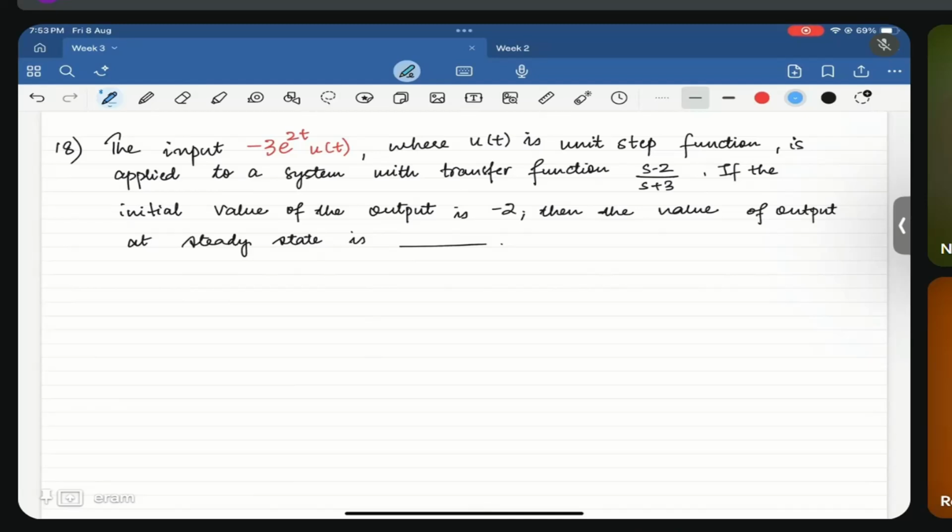So you are given an input, you are given the transfer function, and you are given that the value of the response at t equals 0 is minus 2. Then you have to find out the steady state value of the response.